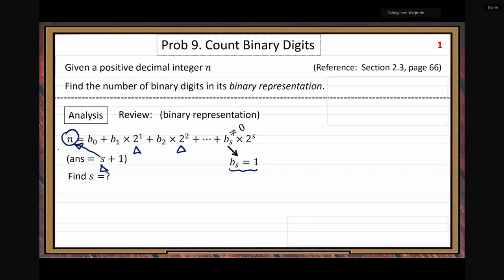From this formula, what are the usual methods we can use to reduce the problem size n?